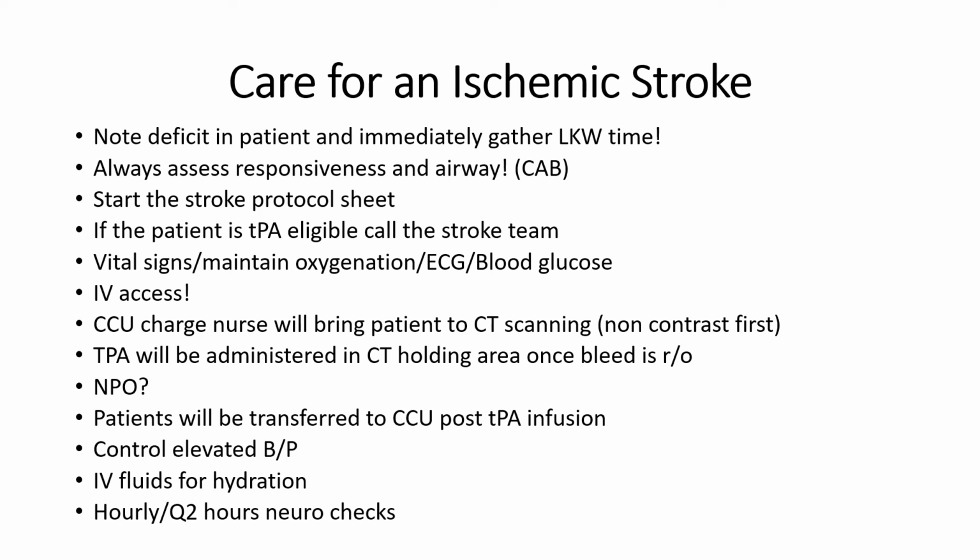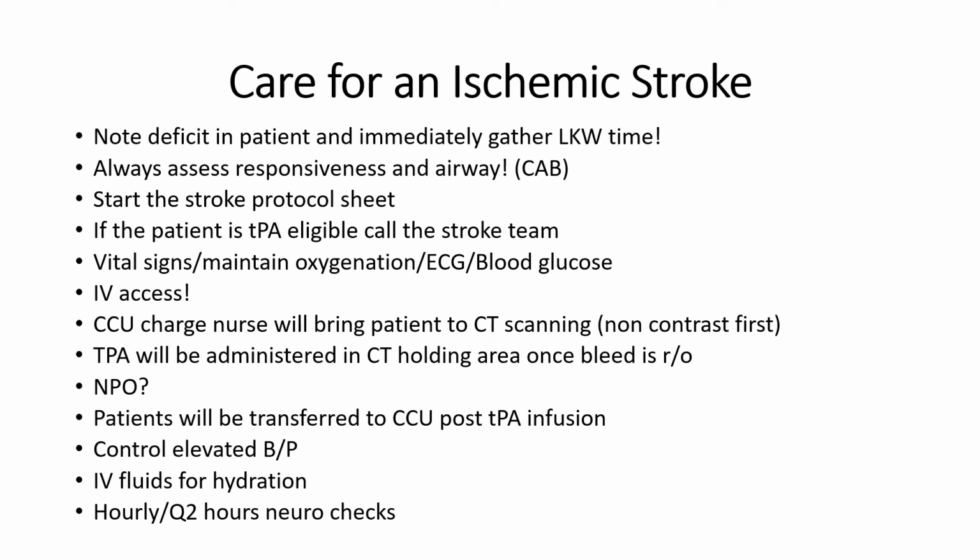So we need to do those vital signs, get a good blood pressure, maintain the patient's oxygen. We may need to throw a few liters on the patient, get an EKG if there's time, and also get that important blood glucose level. IV access is important. That CCU charge nurse will come to that stroke protocol, okay, and they're actually responsible for bringing the patient down to CT scanning.